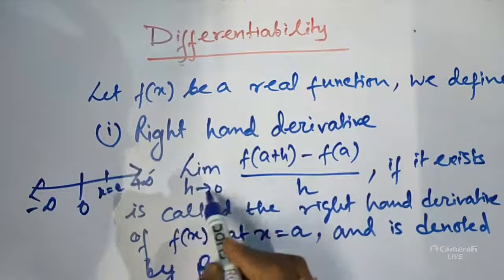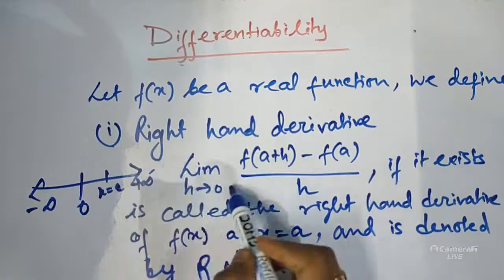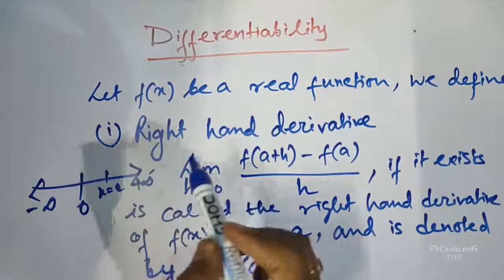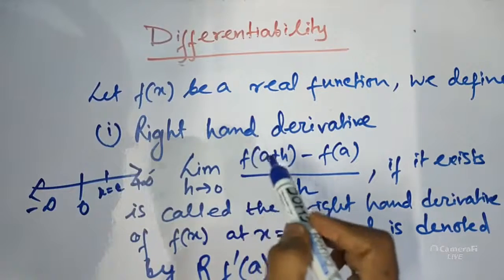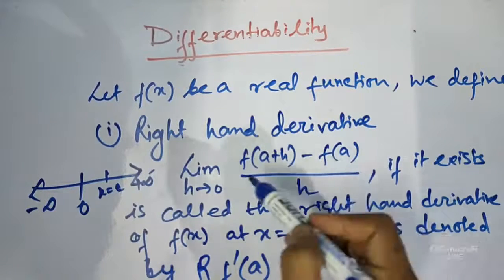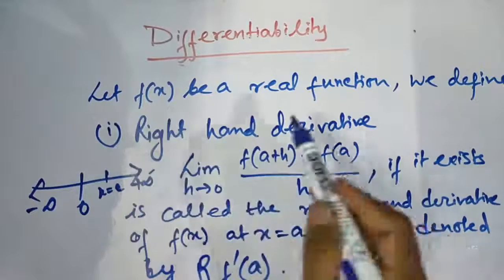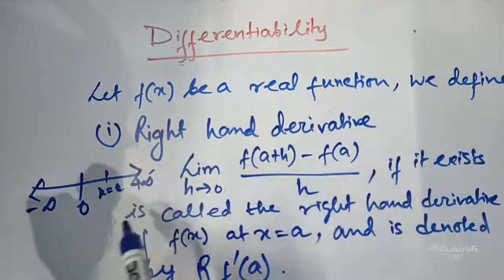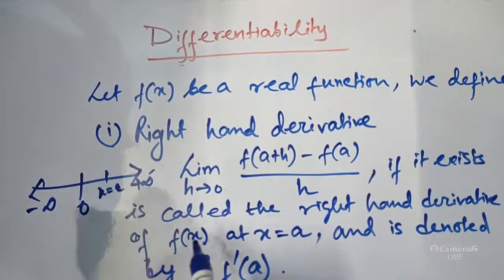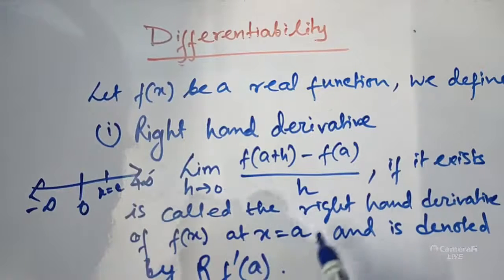So when limit h tends to 0, f of a plus h minus f(a) divided by h exists, then we call that the right hand derivative of f(x) at x equals a, denoted by Rf dash a.